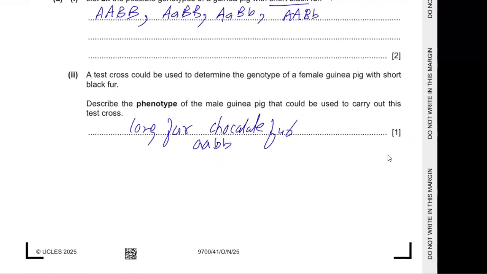Then they are asking you how a test cross is carried out. Whenever we are carrying out a test cross, this is something to always keep in mind: we always cross with the homozygous recessive for both traits, which means the purebred recessive, small a small a, small b small b, in which both traits are displayed as recessive traits.